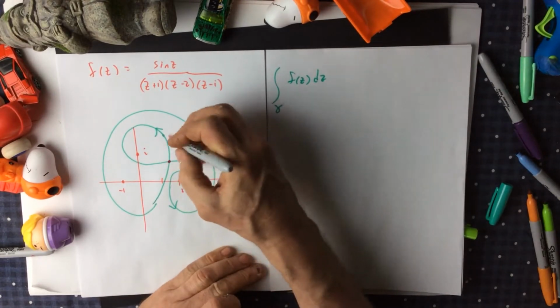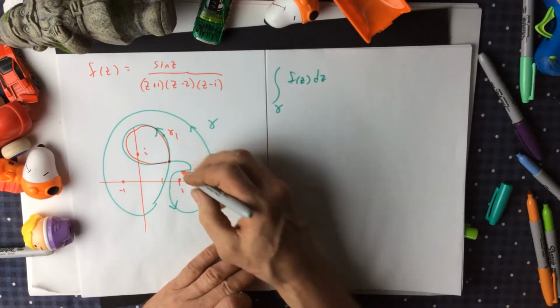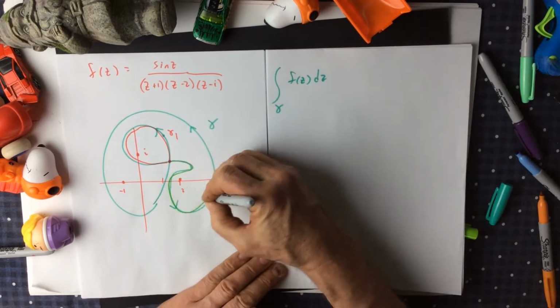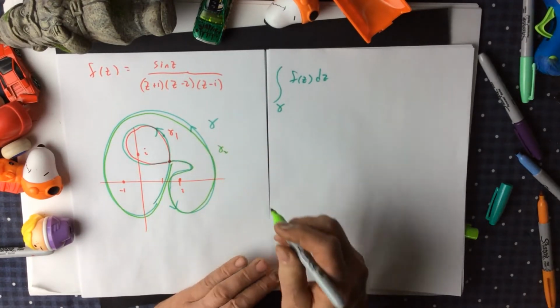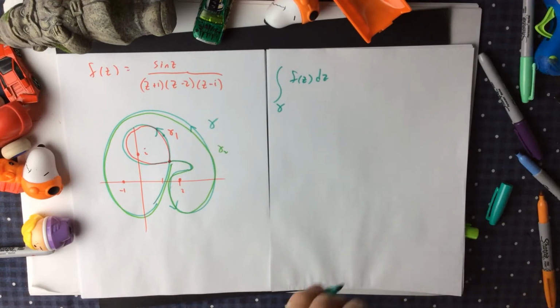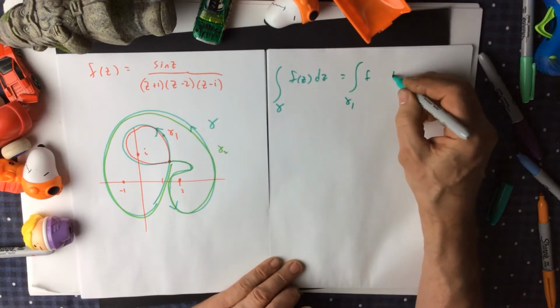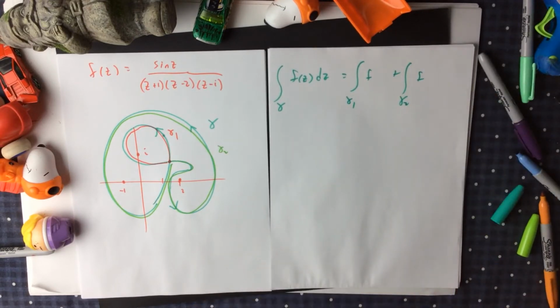This intersection here, I'm going to create this gamma 1, and then this gamma 2. And so this integral here will now be the integral over gamma 1 of f plus the integral over gamma 2 of f.